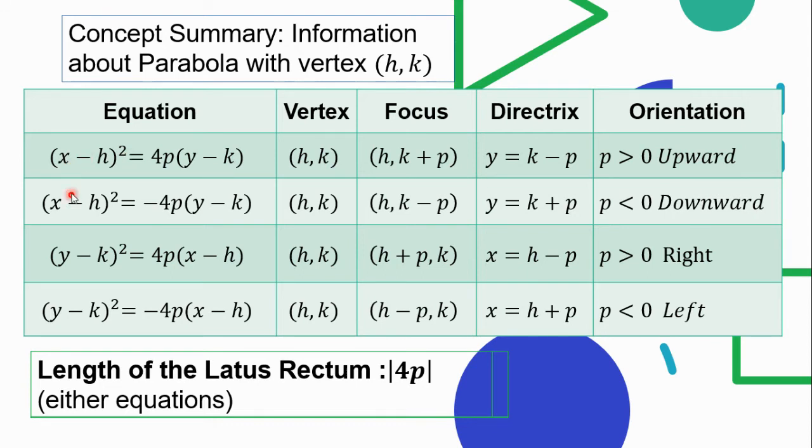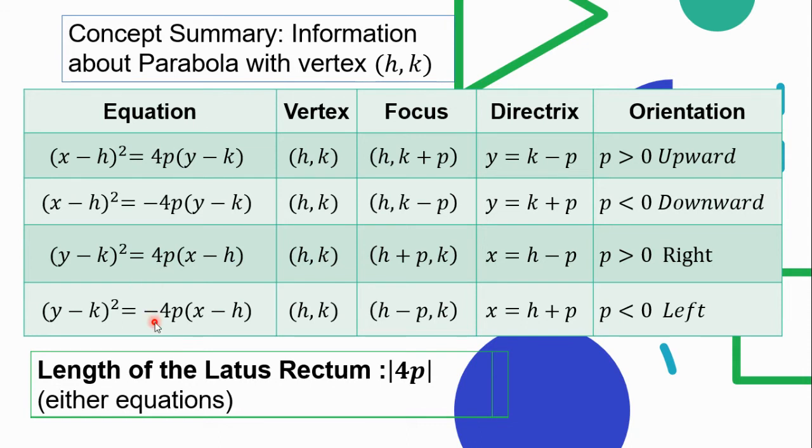You notice that in the first two equations, it is x that is squared. So take note that whenever x is squared, the orientation of the graph is either upward or downward. Now let's take a look at the third and fourth equations. You notice that it changed, and y is now squared: the quantity of y minus k squared equals 4p times the quantity of x minus h. When y is the one squared, the graph of the parabola is either right or left.